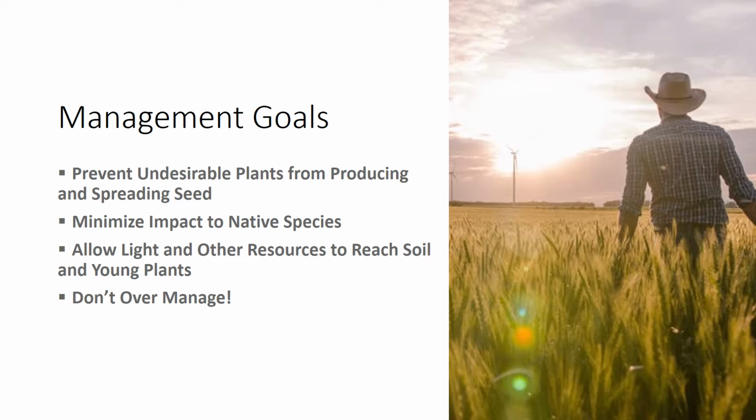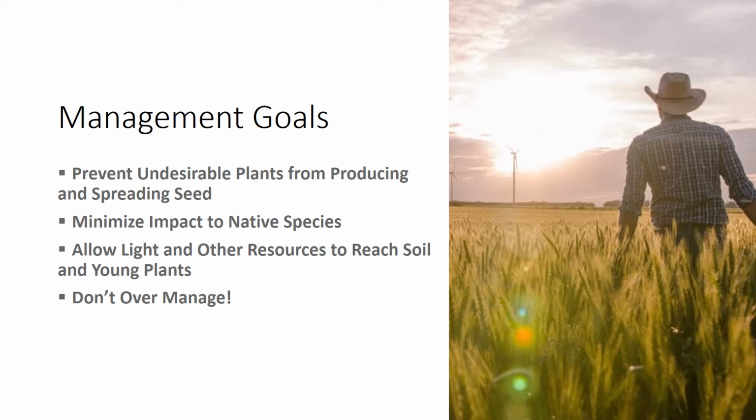So management goals. It seems like a big complicated process, but really it just boils down to a few things. Your goals are typically going to be the same for most people. You want to prevent the undesirable plants from producing and spreading more seed.